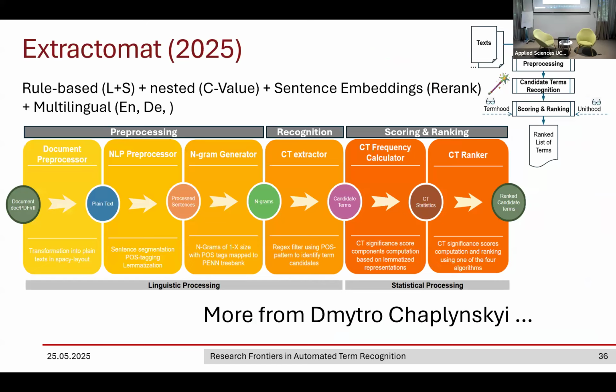So this is our recent development called ExtractMat, together with Dmytro Chaplinsky and some master students. In terms of the methods, it's a hybrid thing, which is rule-based, linguistic plus statistical. It allows doing nested recognition based on C-value. It allows using sentence embeddings, using a re-rank approach, and it is multilingual.